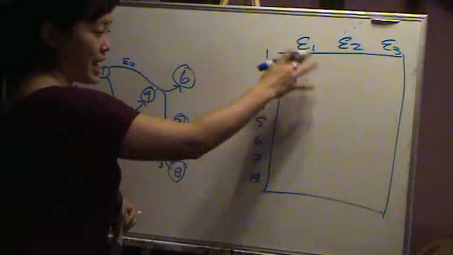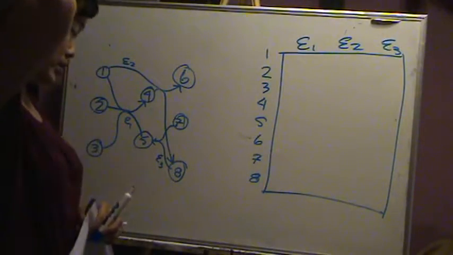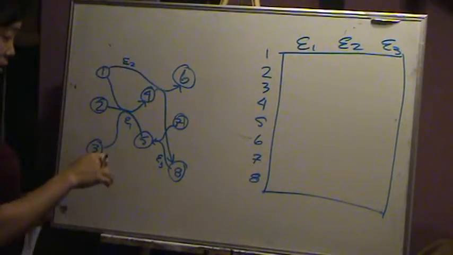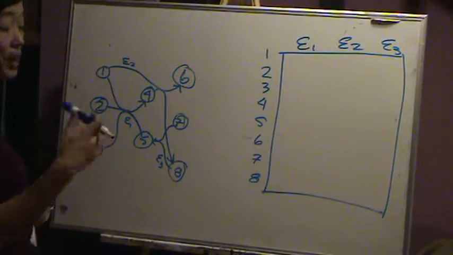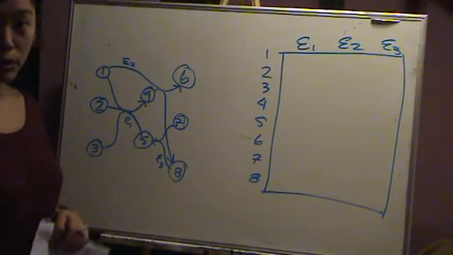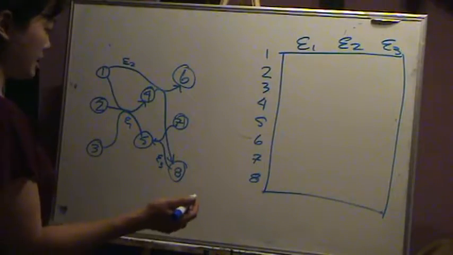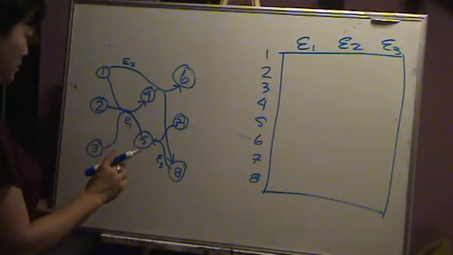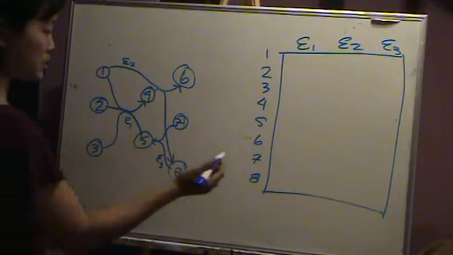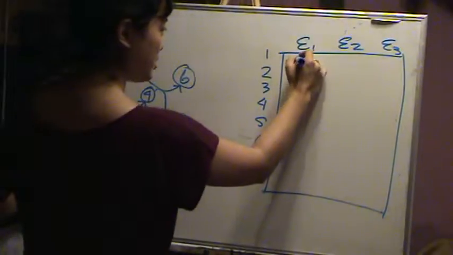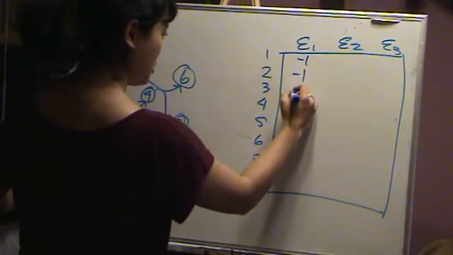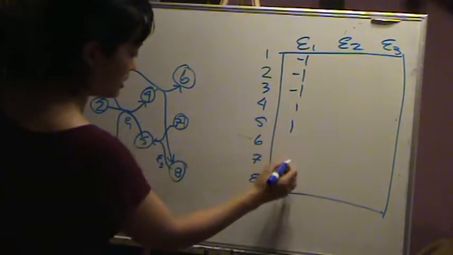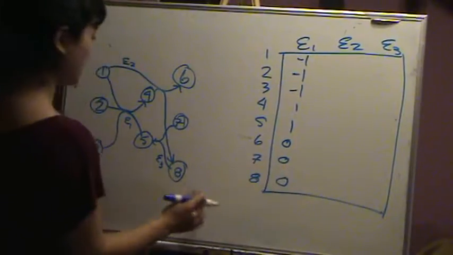The difference is that our entries, a_ij, will be a negative 1 if the vertex is a tail of the edge, a positive 1 if it's a head, and 0, of course, if it's not in the set of the edge. So for this example, for edge 1, we've got 1, 2, and 3 as the tails. That's negative 1 as the entries there, and then the heads 4 and 5, positive 1, and then zeros everywhere else.